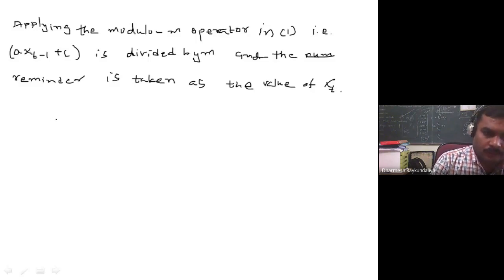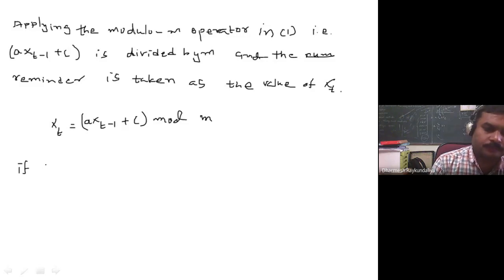So in equation 1, we are given xt is equal to a of xt minus 1 plus c modulo m. So if we substitute c equal to 0 in 1, then what is the form of xt?